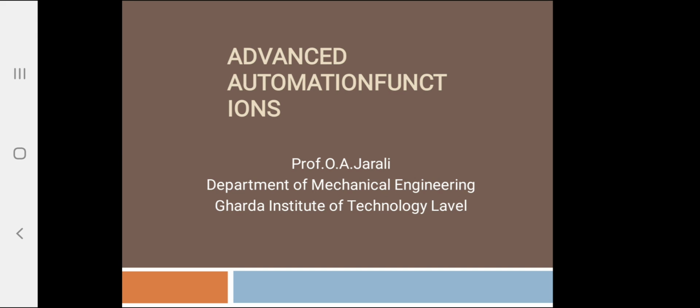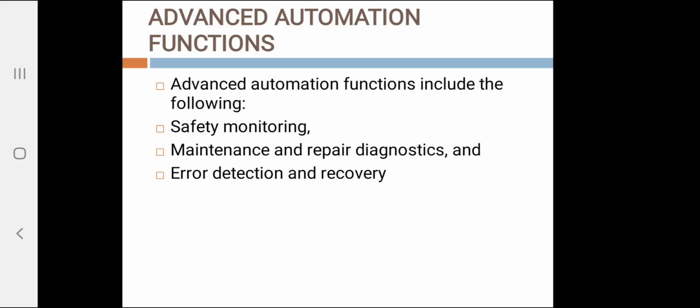In addition to executing the work cycle program, an automated system may be capable of executing advanced functions that are not specific to a particular work unit. In general, these functions are concerned with enhancing the performance and safety of the equipment.